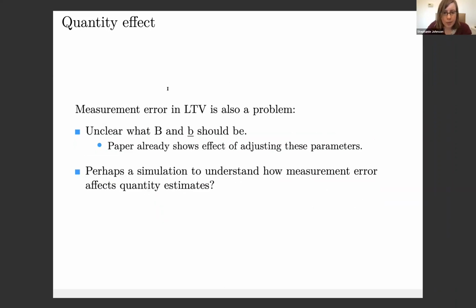And then finally, the measurement error that you have in LTV, I think this could really be a problem, but I'm not exactly sure how it works. So I was thinking maybe you could use a simulation or something to try to understand how the measurement error affects the quantity estimates.